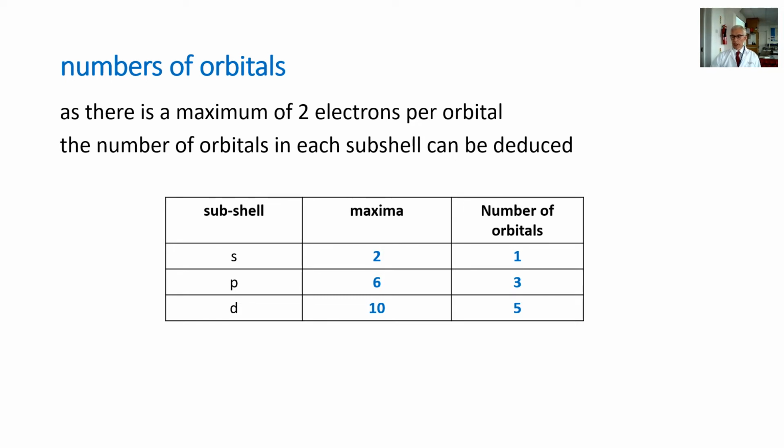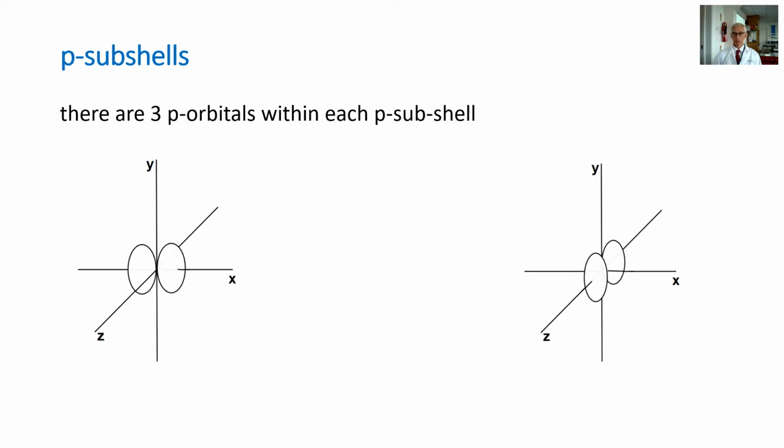So let's just tidy that up for you. Just to return to the p subshell, I showed you a drawing of a p orbital earlier, but we've deduced from the numbers of electrons that there are 3 p orbitals within a p subshell.